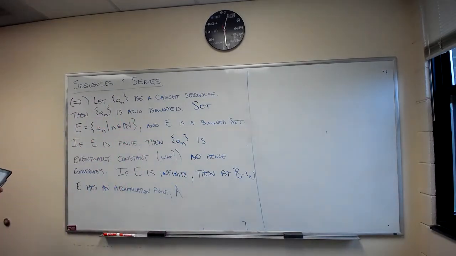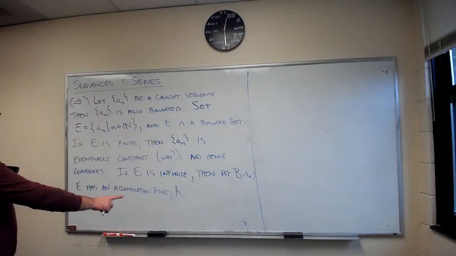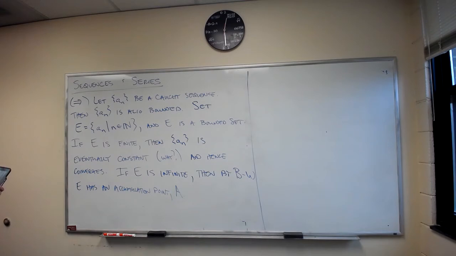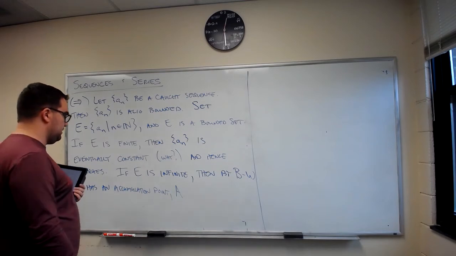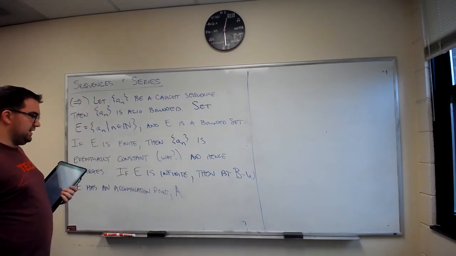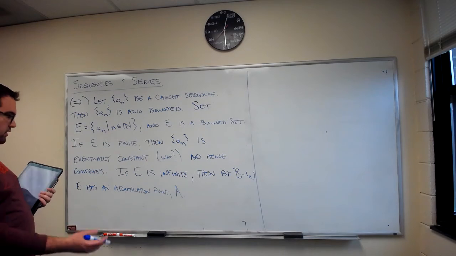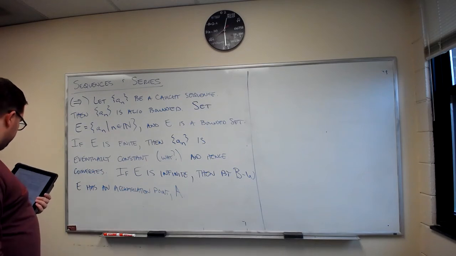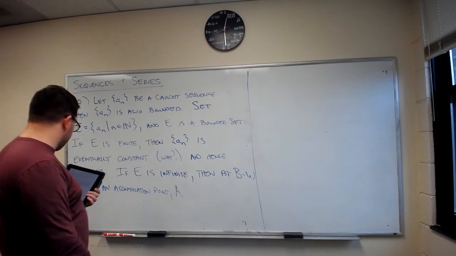All right. So what does it mean for A to be an accumulation point? That means that if I take any neighborhood of A, that there are points in E, which are not the point A, in the sequence.